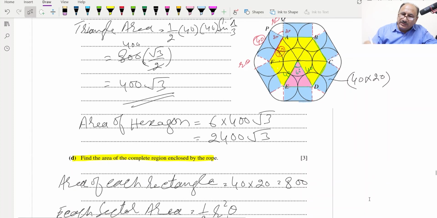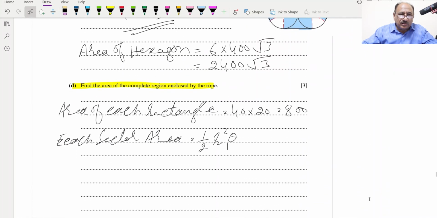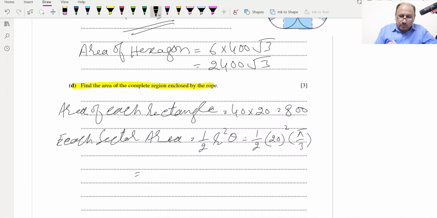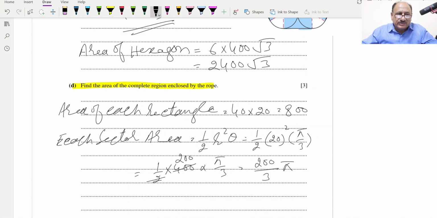So these white color sectors we are talking about, this will be 1 by 2 r square theta, which is equal to 1 by 2, radius is 20 square and theta is pi by 3, which we have calculated earlier. So this will be 1 by 2 into 400 into pi by 3, and this will be cancelled to 200 over 3 pi. This will be sector area.